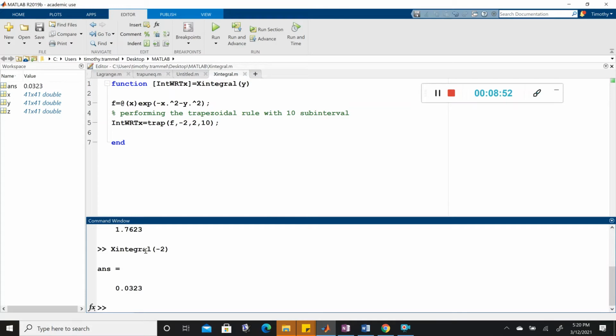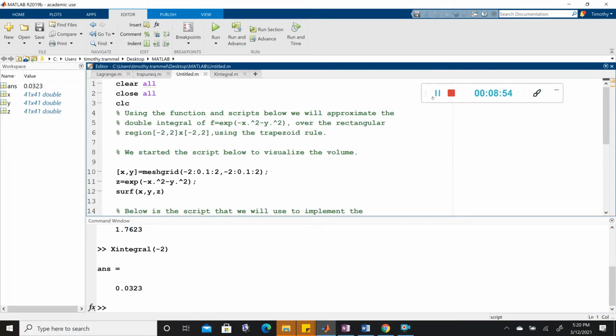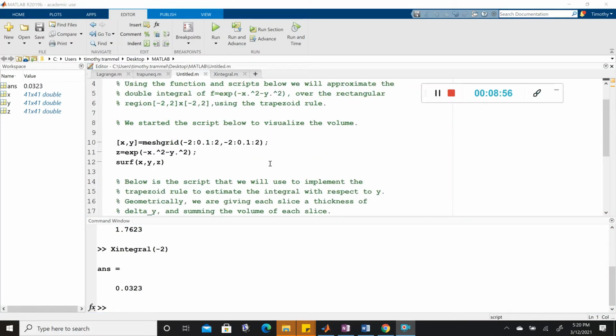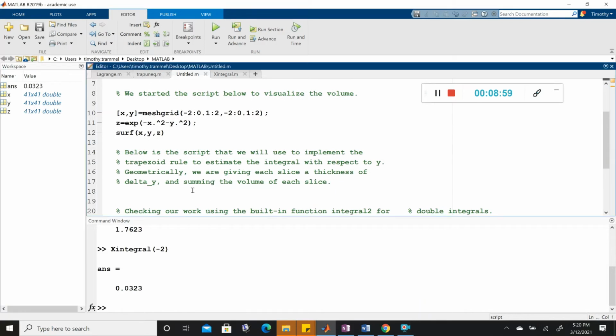Okay. Let's switch over. All right, and let's move down here a little bit. And so now we're going to be trying to perform the trapezoid rule. I want us to first point out that we were using 10 subintervals.